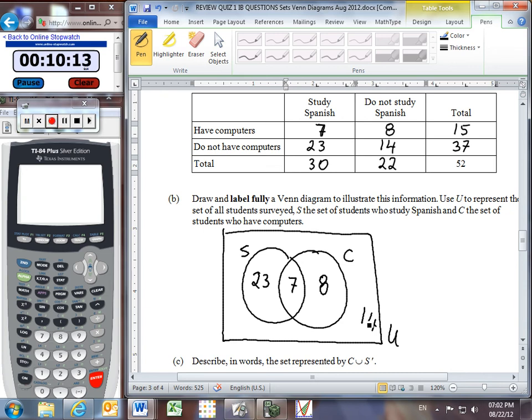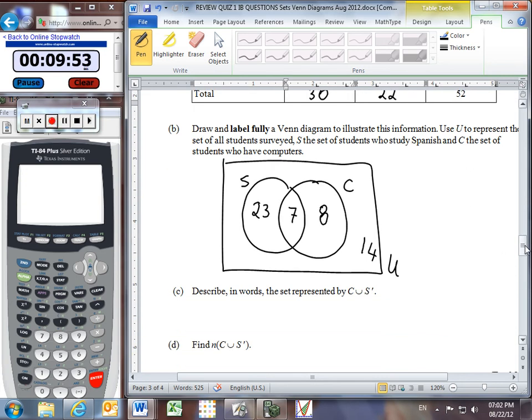Part C, let's describe in words the set represented by C union S naught. So we're talking about the students who do have computers, C, or S naught, do not study Spanish. So let's write that down. They are the students who do not have a computer, or, oh shoot, they do have a computer, don't they?